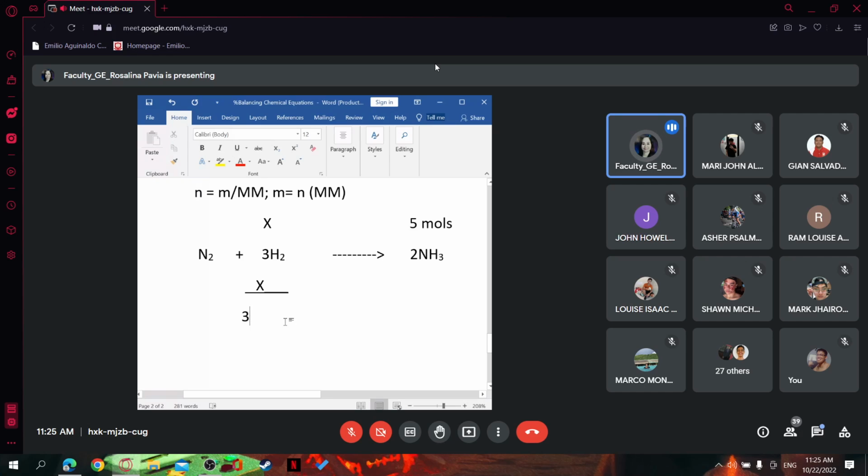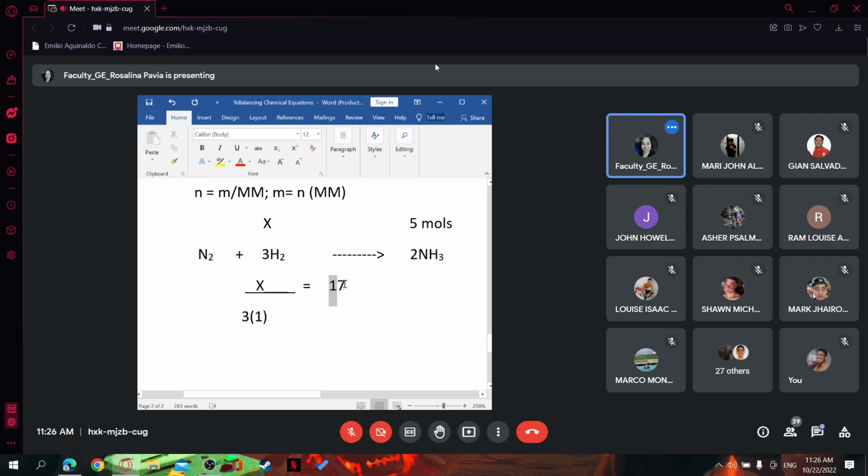Okay. 3 times, okay. Dito, if we use 1, instead of 1.01, sige, we will use 1. Coefficient niya is 3. Ilang grams kanina? 17, di ba? 17 po.